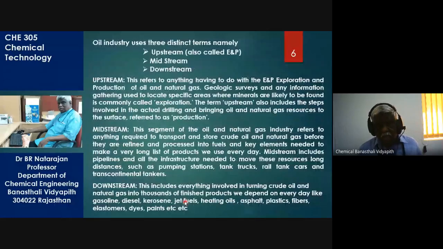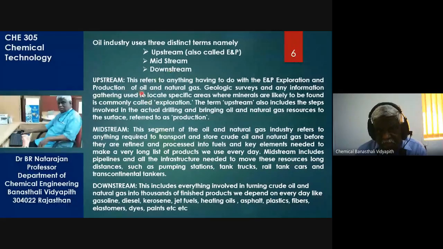Okay. Now, the oil industry uses three distinct terms, jargons: upstream, midstream, downstream. Upstream is also known as E&P. E&P stands for exploration and production. Right? Upstream, midstream, downstream. What do these things mean?